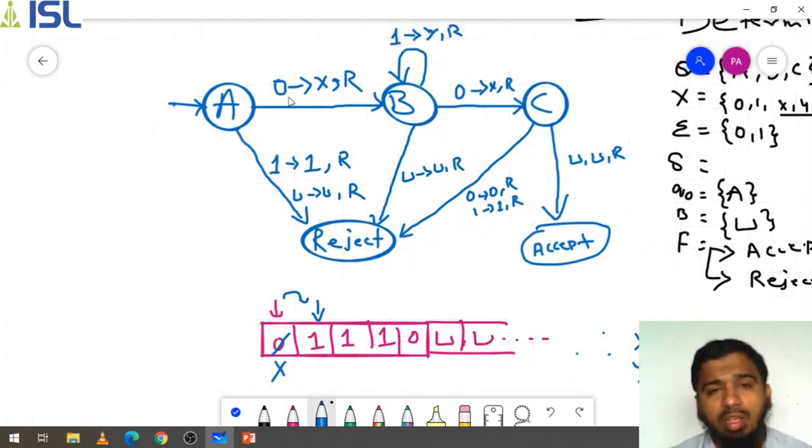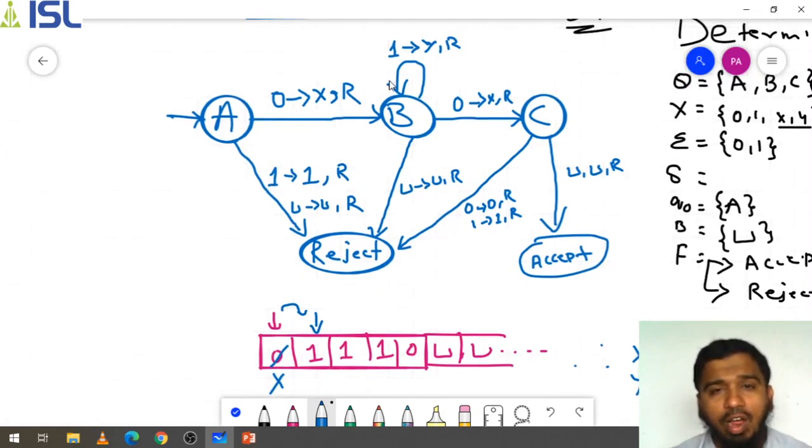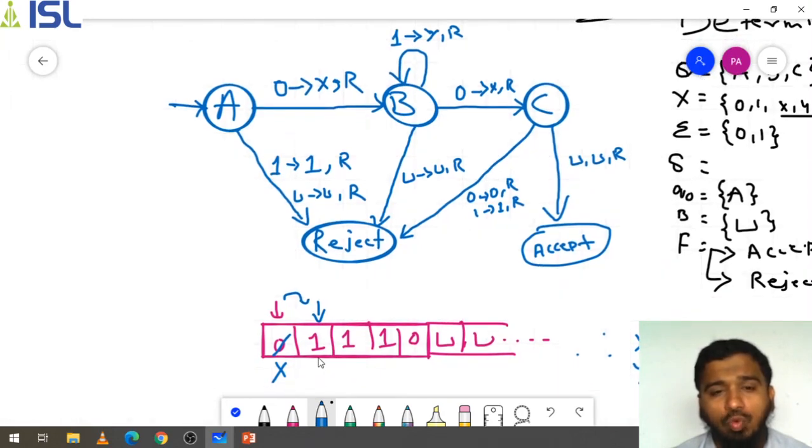What is it telling? If the input is 0, yes, my input is 0, then go to the x state, change to x and move to right. So from here to here it moves. And what is my header now? 1. So here in B, if 1 is there, it moves to y and moves to right.